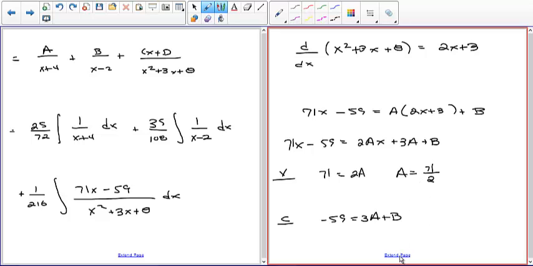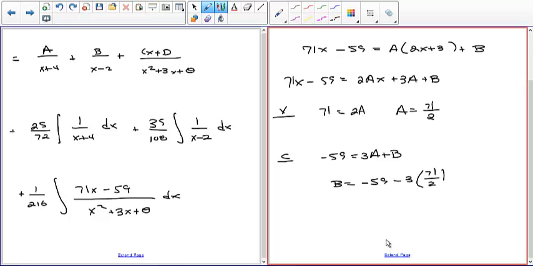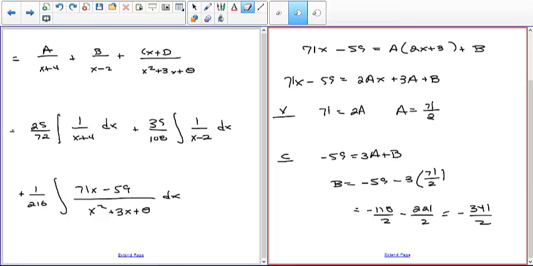And then you use that value of a to solve for b. So b is going to be equal to negative 59 minus 3 times 71 over 2. So that is what we get. So you get negative 118 over 2 minus 221 over 2, which is negative 341 over 2. I think that's right. No, that's not right.